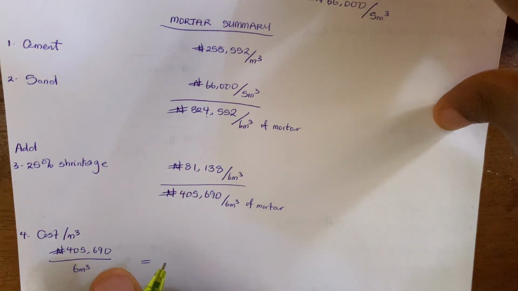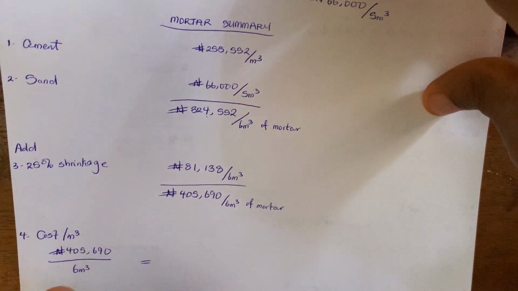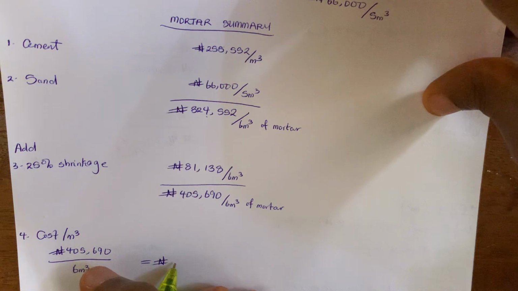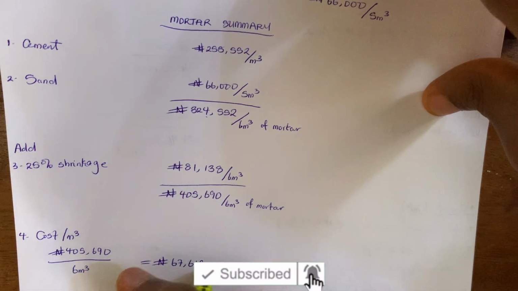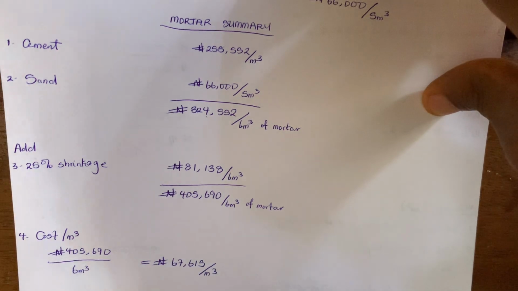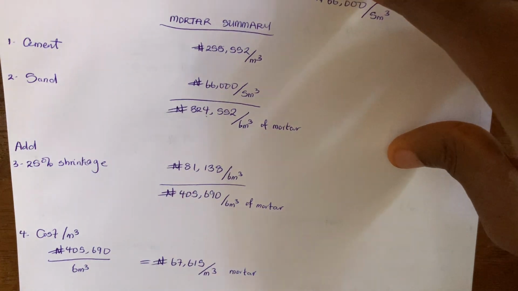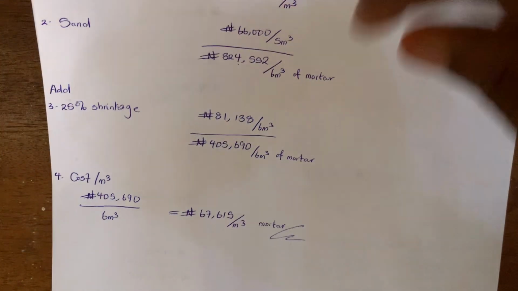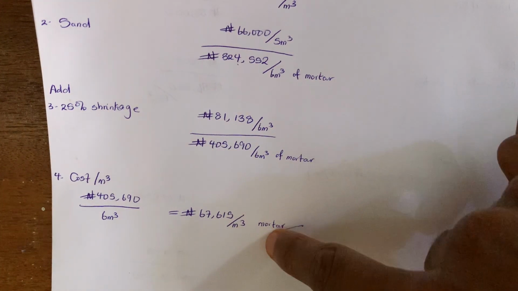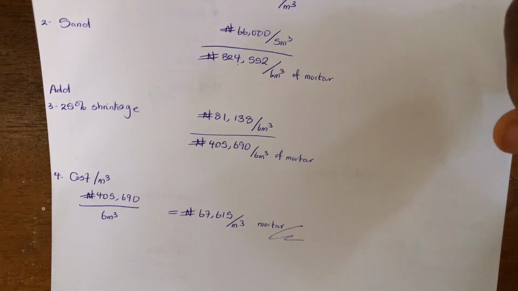And that will be equal to 67,615 per meter cube. So it means that the rate for our mortar is 67,615 for 1 meter cube.